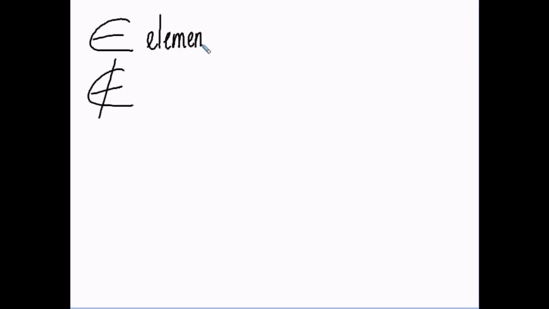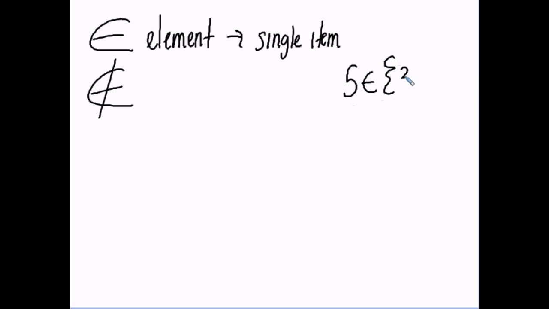Guys, the symbols we've seen so far, we have the squishy E, and we have the not squishy E. Okay, this is element. And that's generally talking about a single item. So like 5 is an element of the set 3, 4, 5.